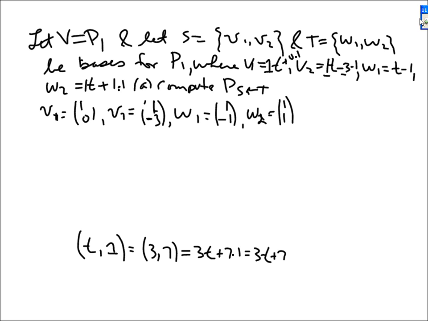So now we want the transition matrix from T. I need to write the vectors in T as linear combinations of the vectors in basis S. I need to write all of the vectors in T.